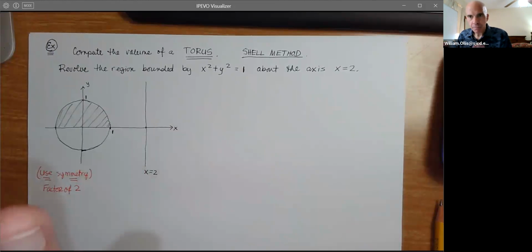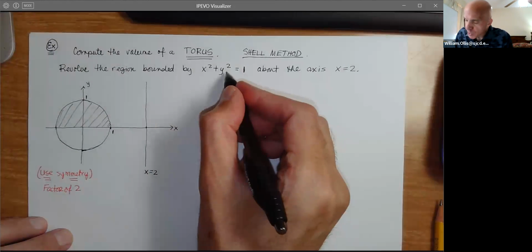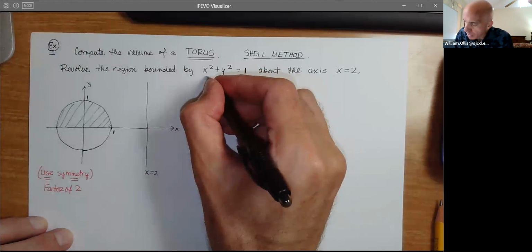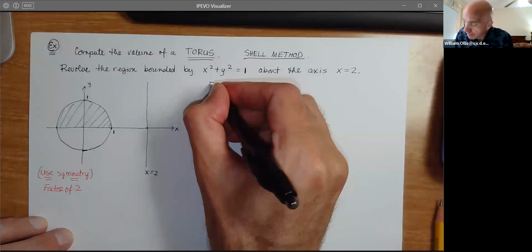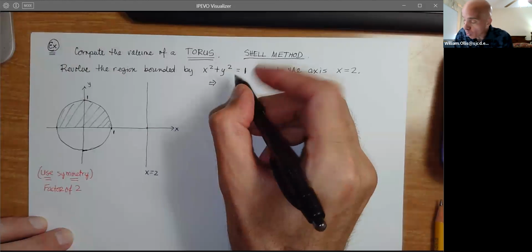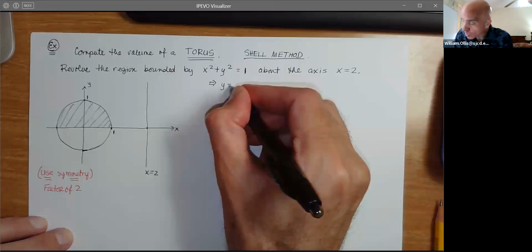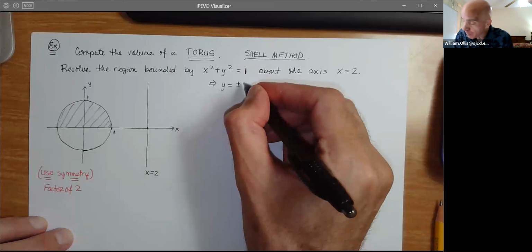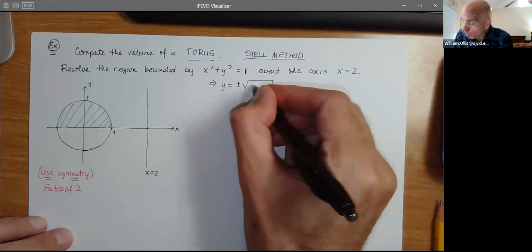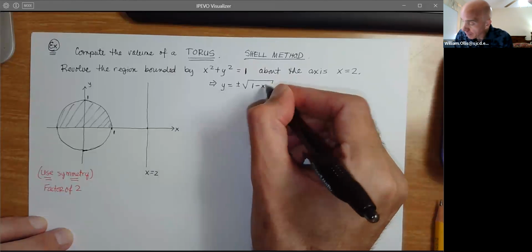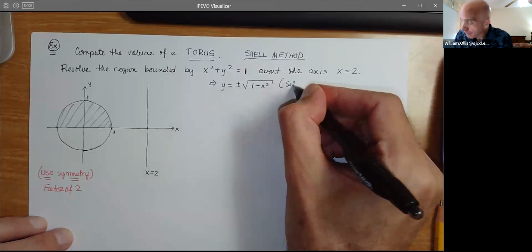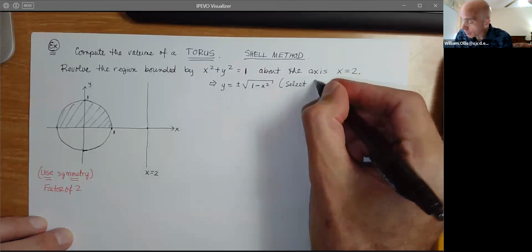Now, good to go. We want the upper arc, but we've got y equals plus or minus the square root of 1 minus x squared, our friend from the very first problem. So we will select the positive radical.